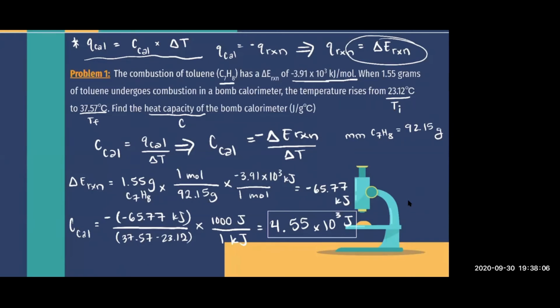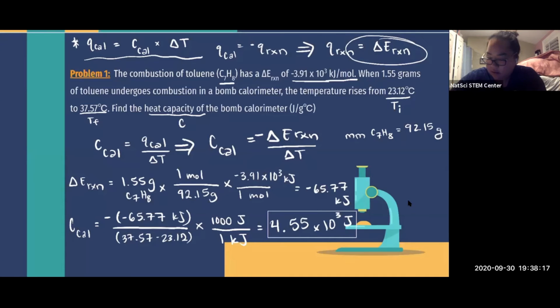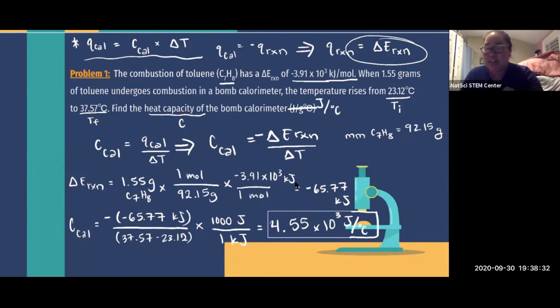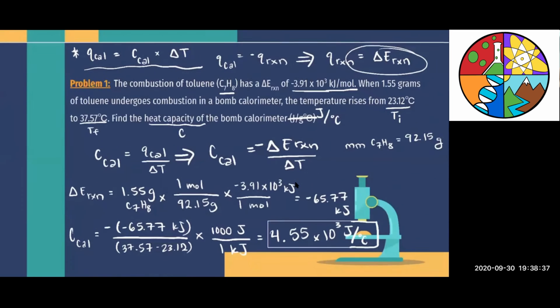Yes, the question was asking for joules over grams times Celsius, but the answer we get is joules over degrees Celsius. I think that was an error on my part earlier. I was editing it and inputting units, thinking I was missing units. So ignore this, it's just joules per degree Celsius. Sorry. Any other questions?